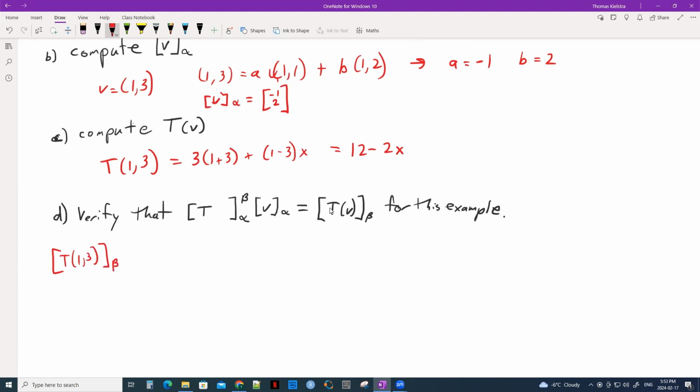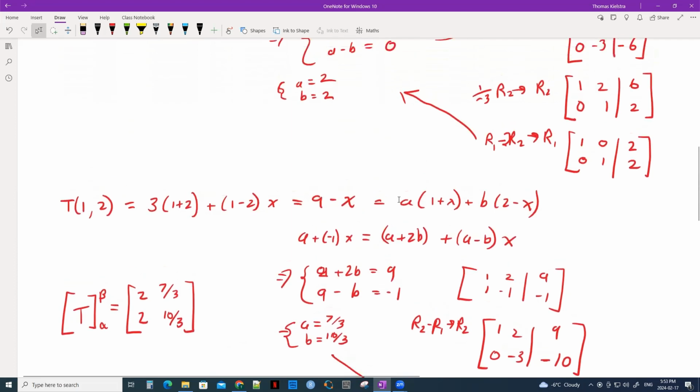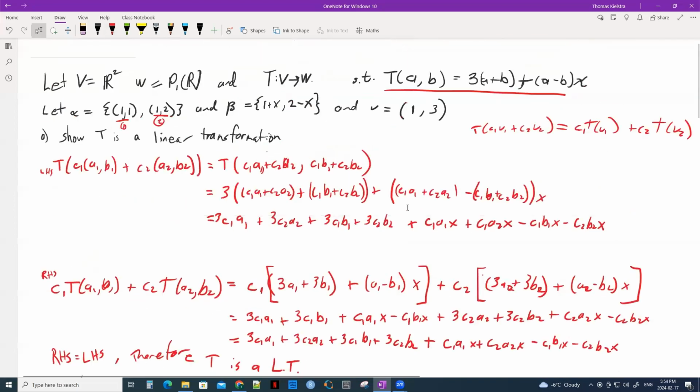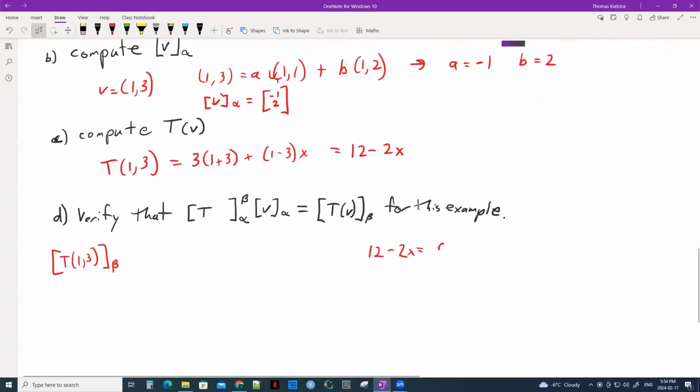So we have that 12 minus 2x equals, looking at our system of equations, A(1 plus x) plus B(2 minus x).